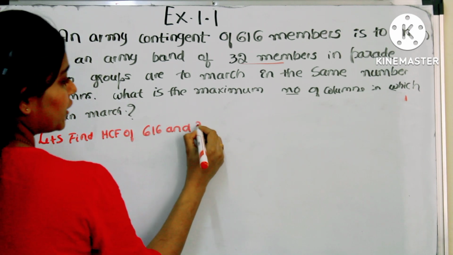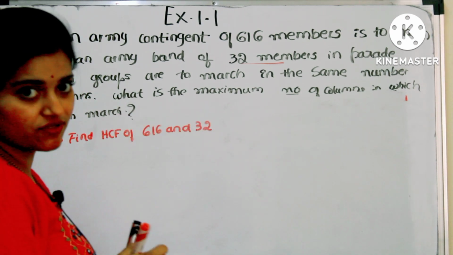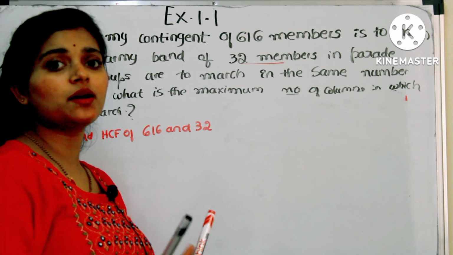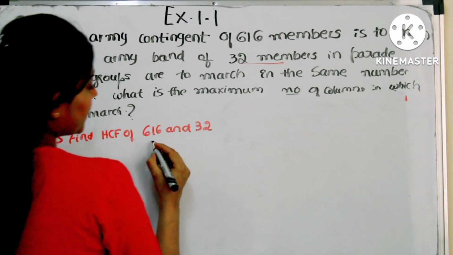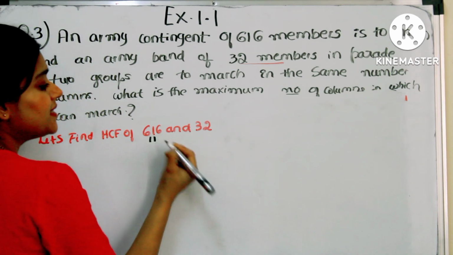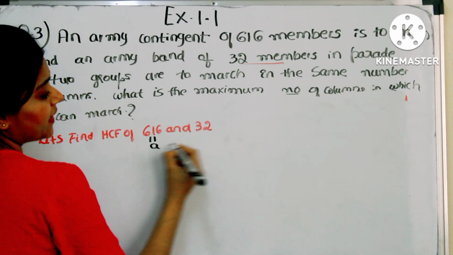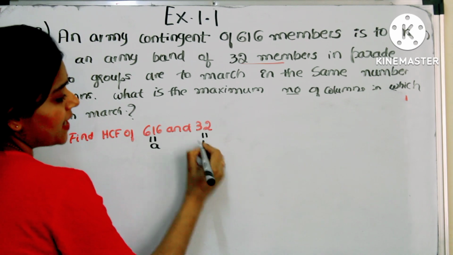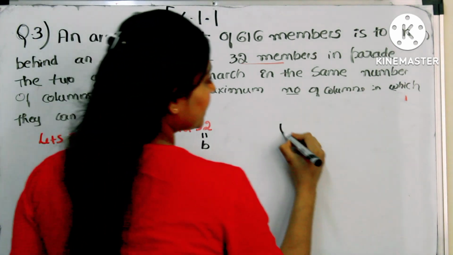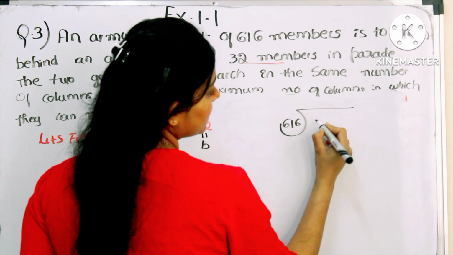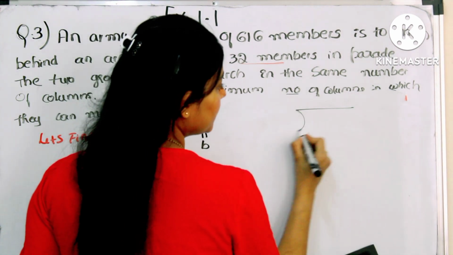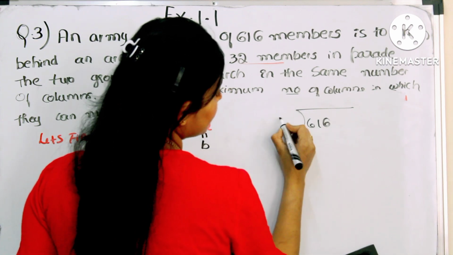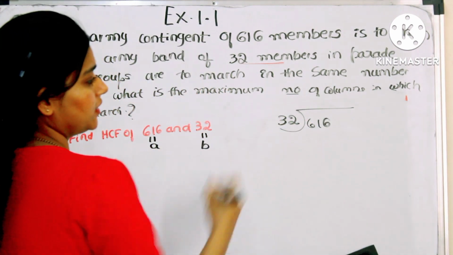You know that we find the HCF by Euclid's division lemma, so use that method. Here 616 is greater, so take that as A and 32 as B. Now divide 616 by 32.